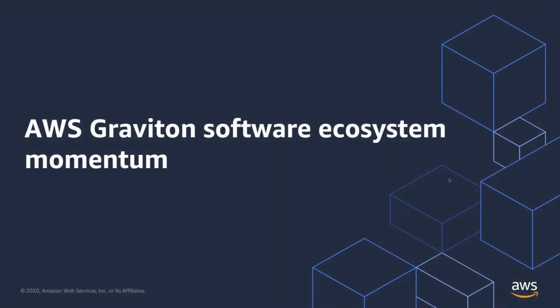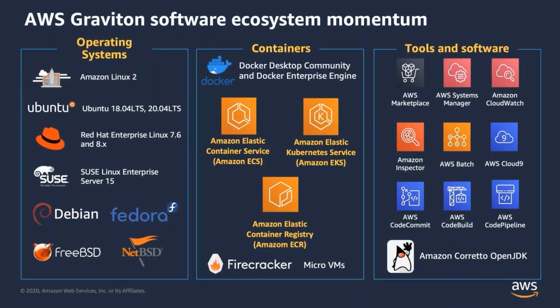Let's look at the AWS Graviton software ecosystem. So as far as the operating systems are concerned, all the major Linux distributions are available for our Graviton2 based instances. Obviously, Amazon Linux 2, for which we take great care at ensuring that it's super optimized for Graviton2 based instances.